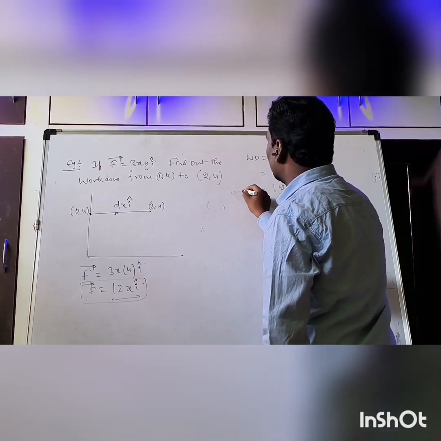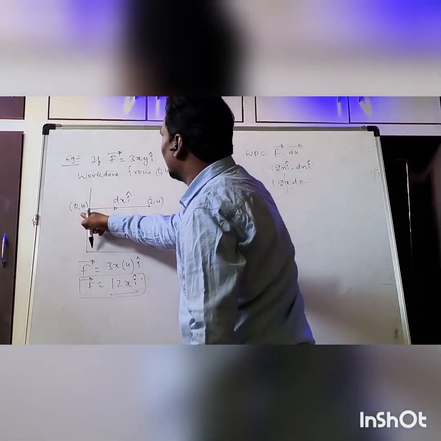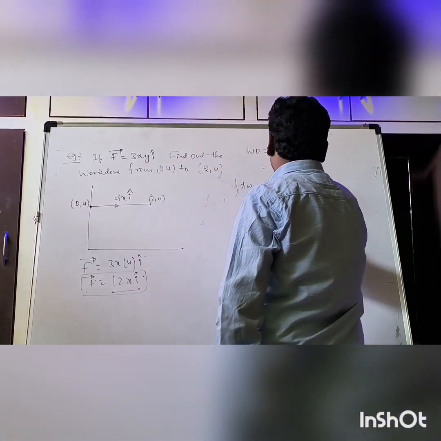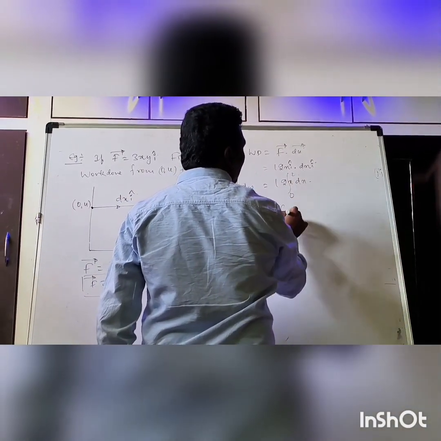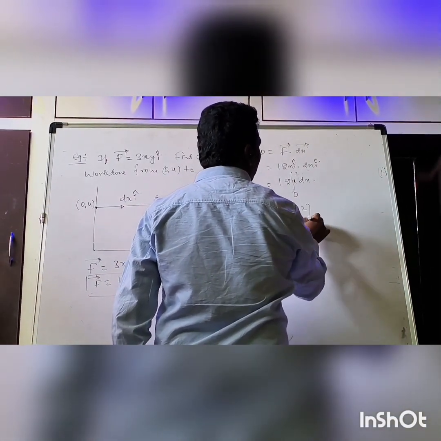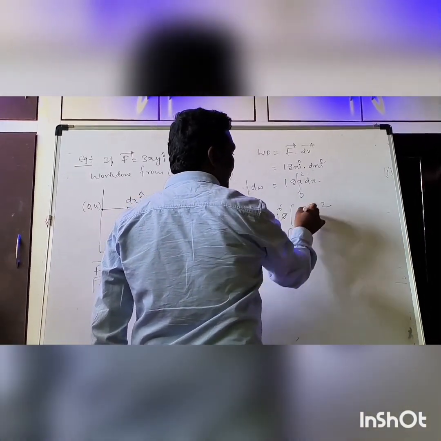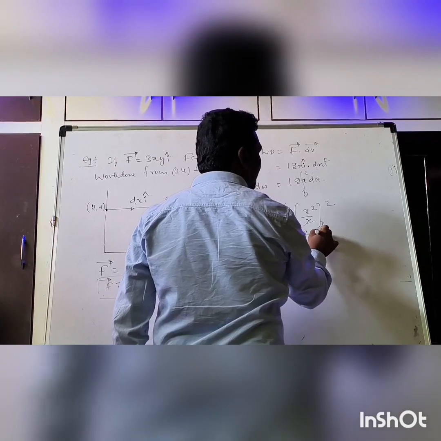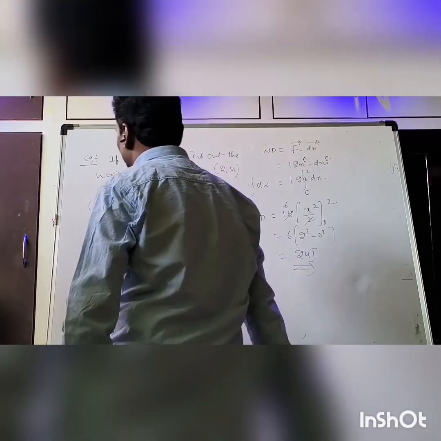Now I can write this as nothing but dW. Come on, do the integration. What is the variation of the x coordinate? 0 to 2. So the work done is equal to 12 times the integration of x dx, which is x square by 2, from 0 to 2. And 2 into 6, with upper limit minus lower limit, 2 square minus 0 square, is equal to 24 joule. So the answer is 24 joule.